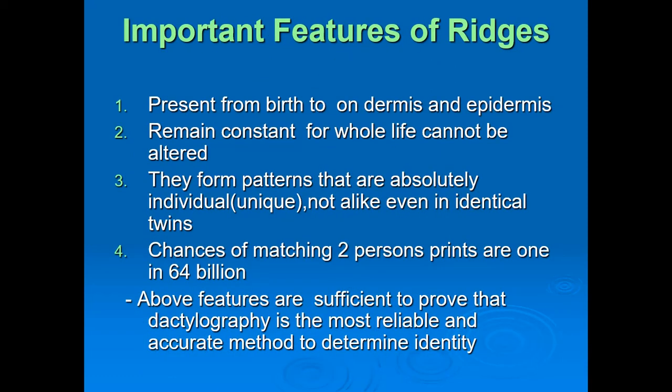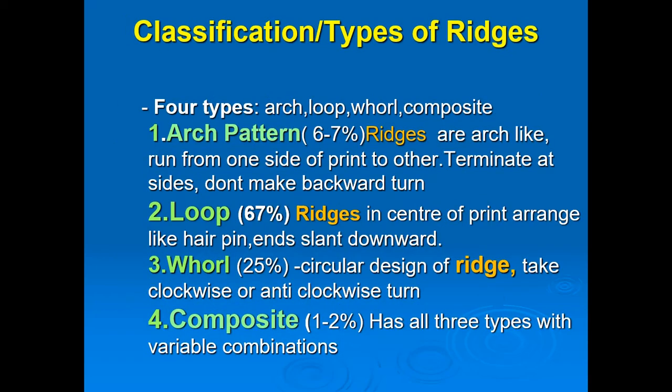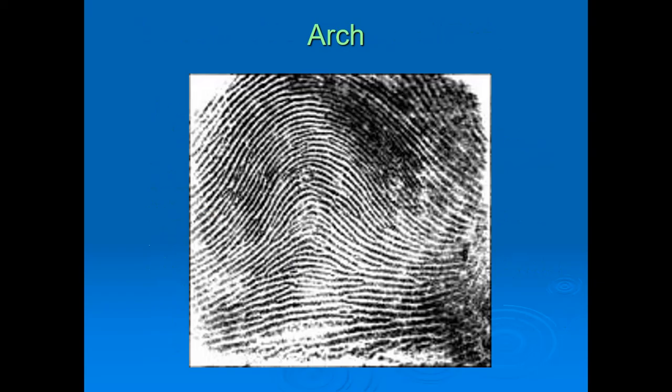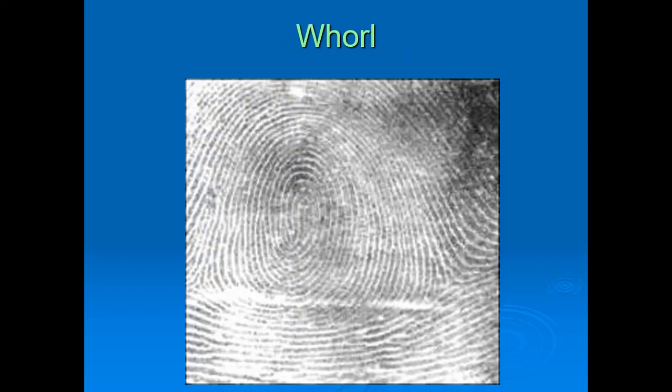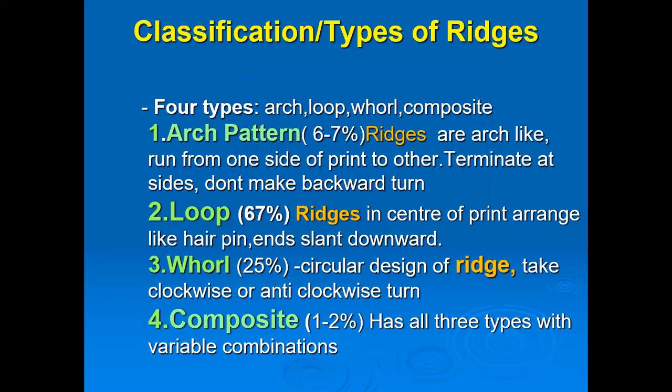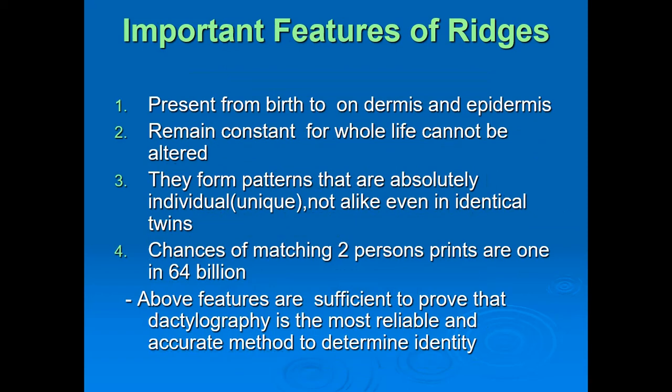Coming to ridges, what are the important features? First, I would like to show you some pictures of ridges. You can see ridges here, here, this one. So what are the features?